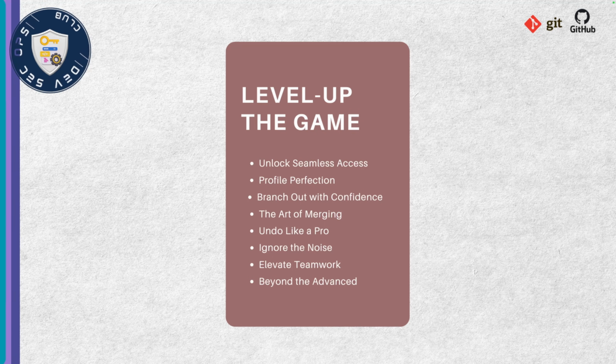So let's level up our game, right? In this section, I will talk about more advanced things. Okay, we start with seamless access. Why? Because I realize when you access your repository, you have to do so many things. You have to push, you have to pull, you have to clone, not clone, fetch, all this kind of thing.